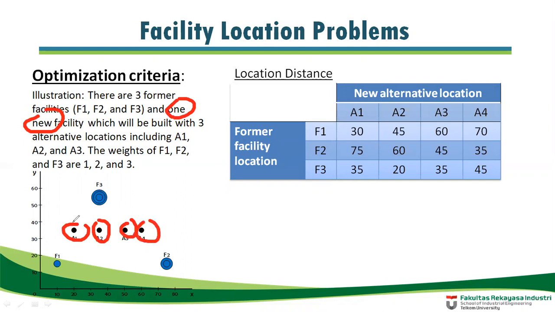It may be put into A1 or A2 or A3 or A4. The travel distance between F1 and A1 is 30. So this number represents the distance. F1 to A2 is 45, F1 to A4 is 70, and so on.